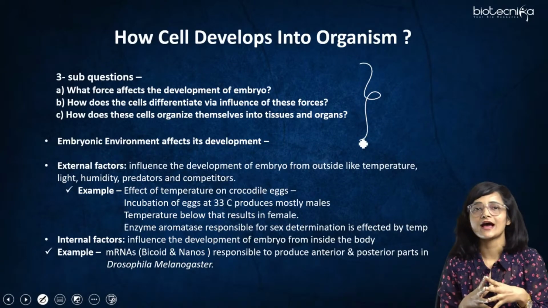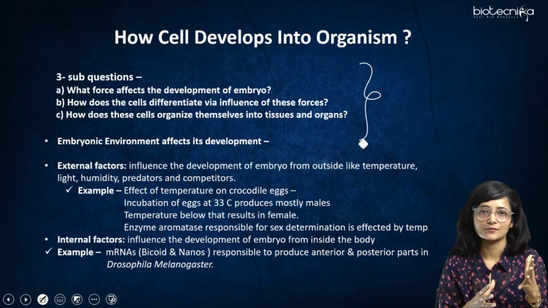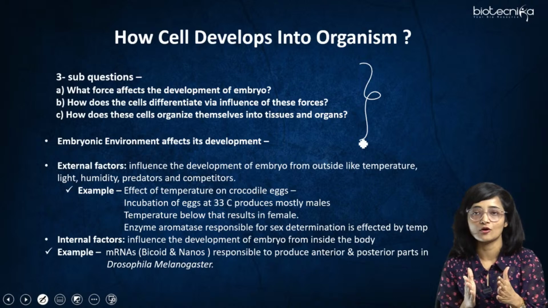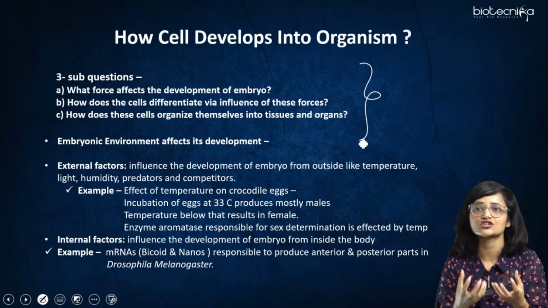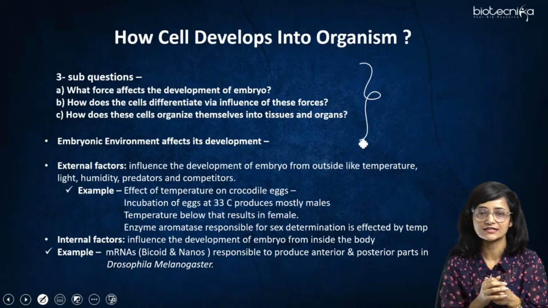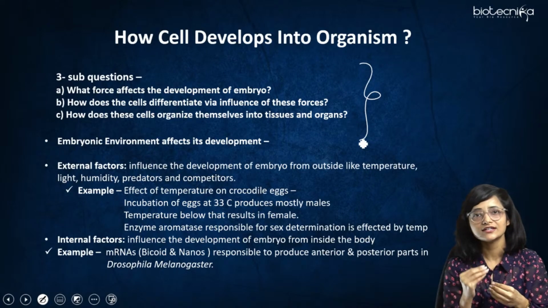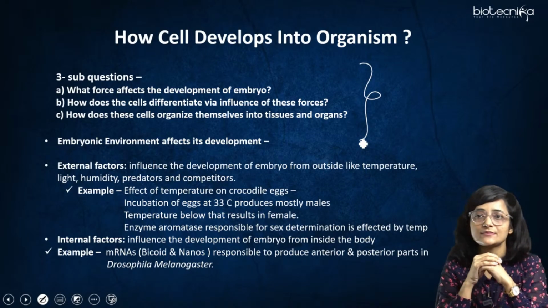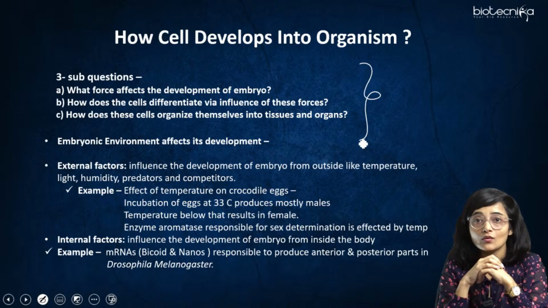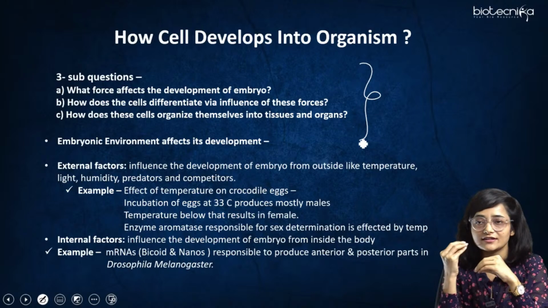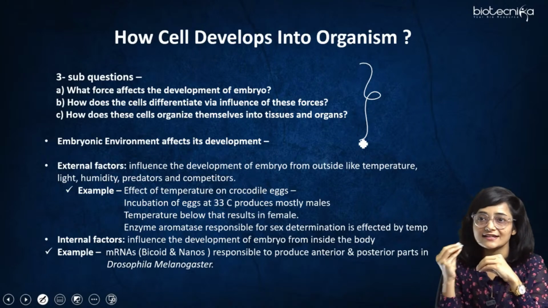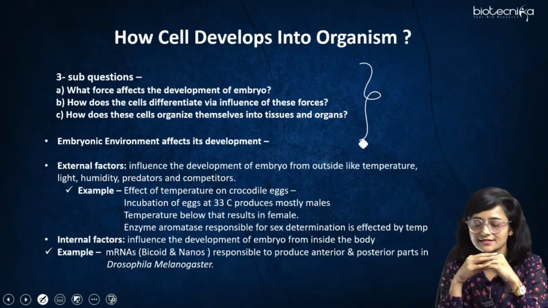In crocodile, whether a male or a female will be formed depends upon the temperature at which the eggs are incubated, right? Incubation of eggs at 33 degrees Celsius produces mostly males, while when we lower the temperature below 33 degrees Celsius, females are produced. The enzyme responsible for the sex determination here is the aromatase enzyme, right?